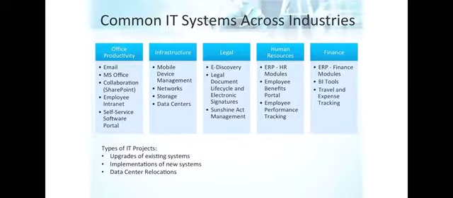So with that, there are common IT systems across many industries. We bucketed it this way. It just was convenient for a presentation: office productivity, infrastructure, legal, human resources, and finance. First, taking a look at office productivity, we all use email. Right. We often all use the same thing. It was often Microsoft Office and local clients and then network, and now it's moving to the cloud.